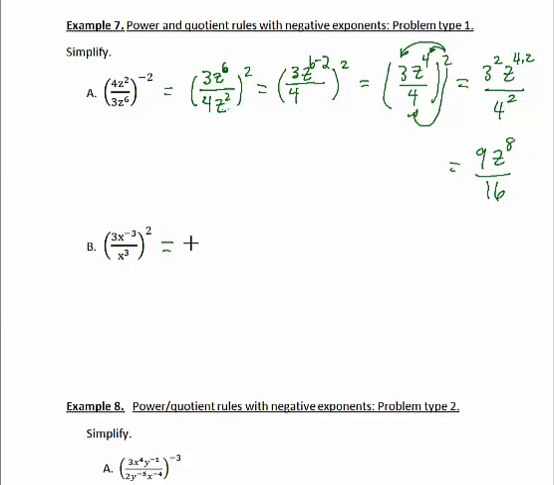Okay, so from here on out, what we'll say is we want to avoid negative exponents. Okay, in that case, what we could do is we have a positive 2 on the outside of the parentheses. On the inside, we could go ahead and get rid of this negative exponent. Okay, and we can do that by applying the quotient rule in a way to where we keep the variable with the larger exponent where it's originally at.